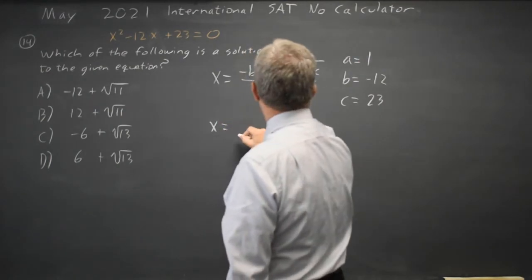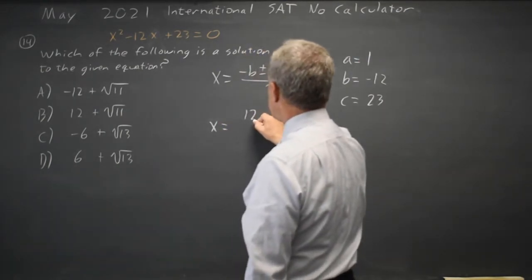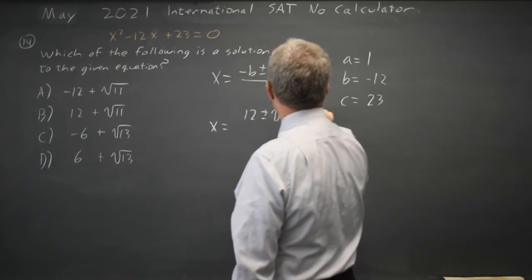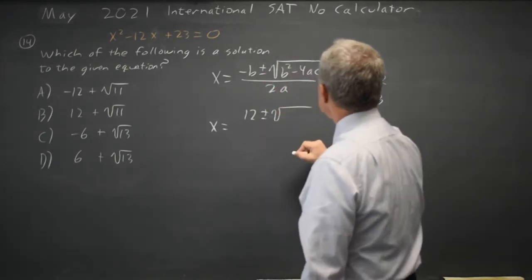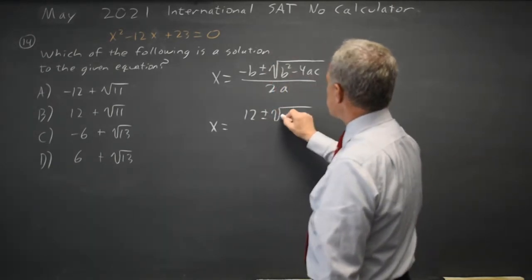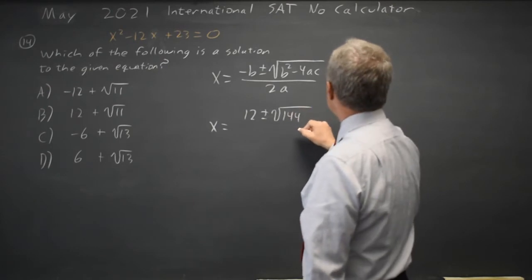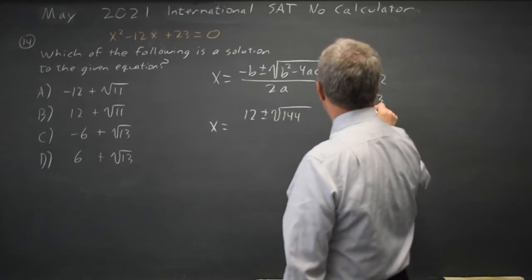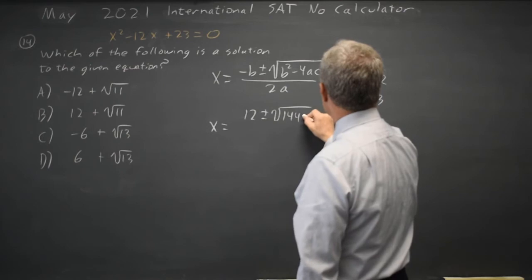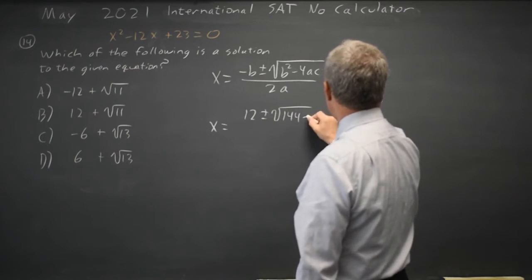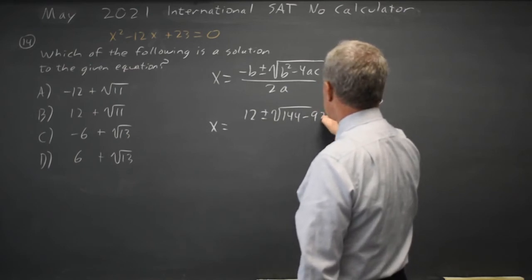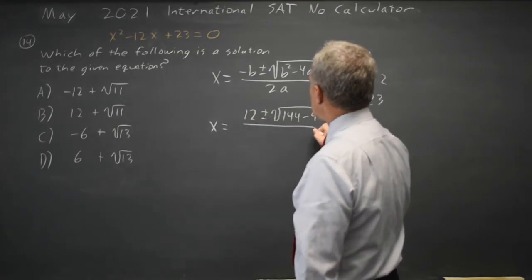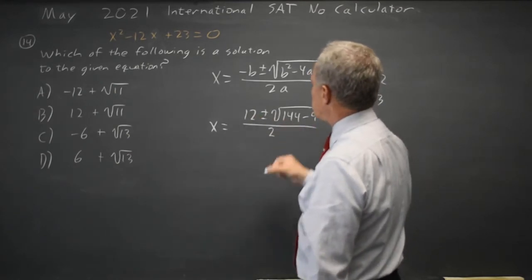Substituting those in, x equals minus negative 12, which is positive 12, plus or minus the square root of b squared. Negative 12 squared is positive 144, minus 4ac is minus 4 times 23, which is minus 92, all over 2a, which is over 2.